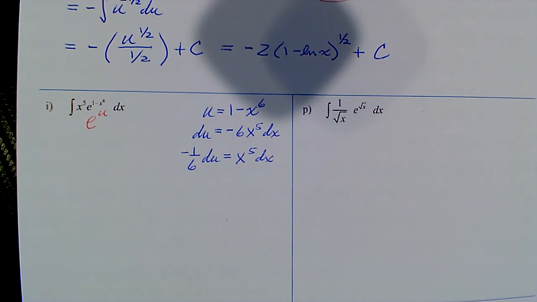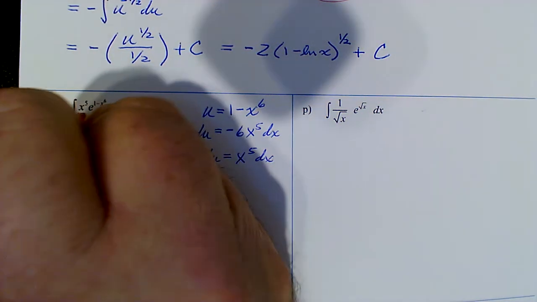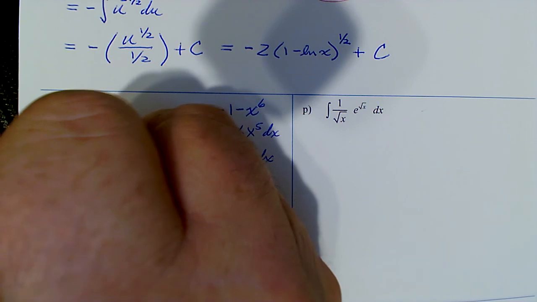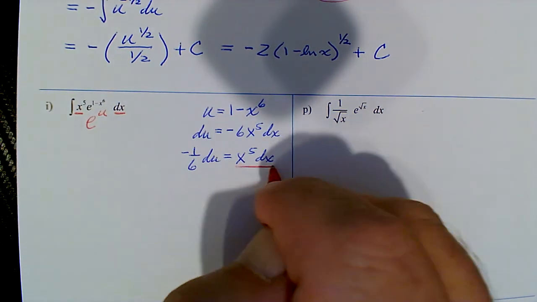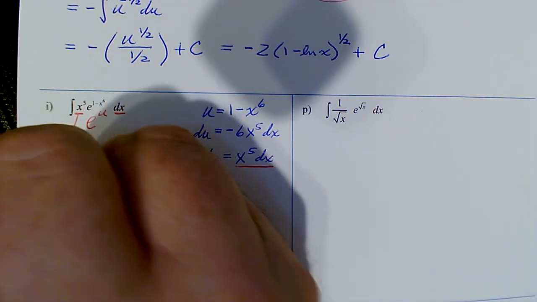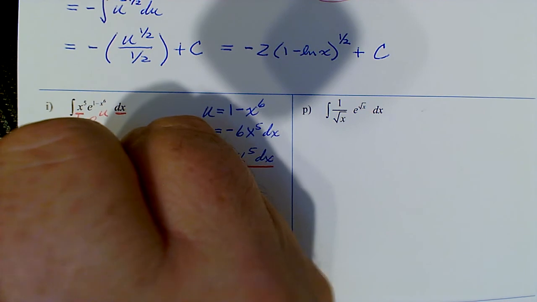And when we reflect back on the integral, we had already established we were trying to fit the form for e to the u. The leftover factors, x to the 5th, differential dx, compare them to our du, and they match, just modified by negative 1/6.